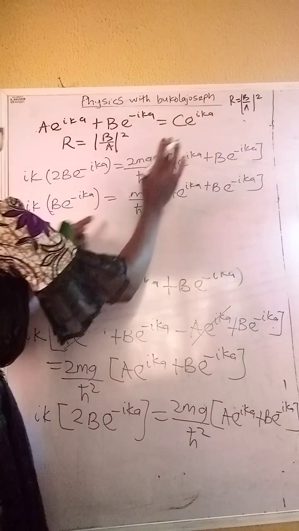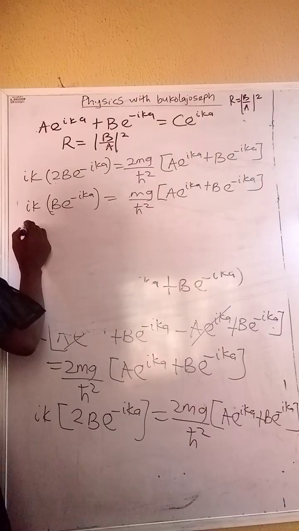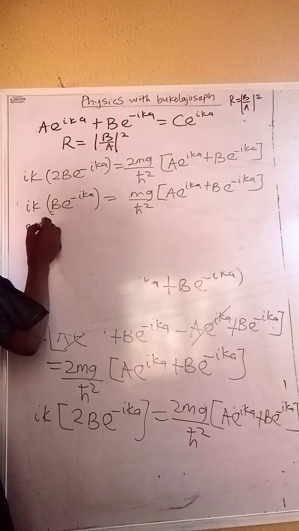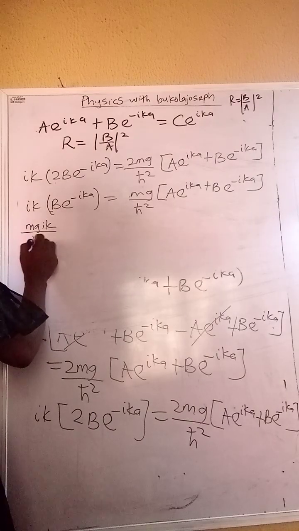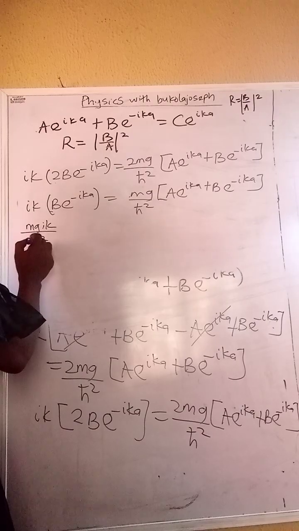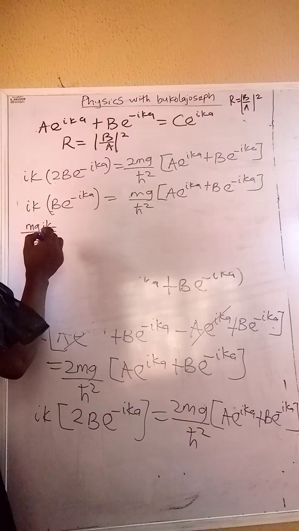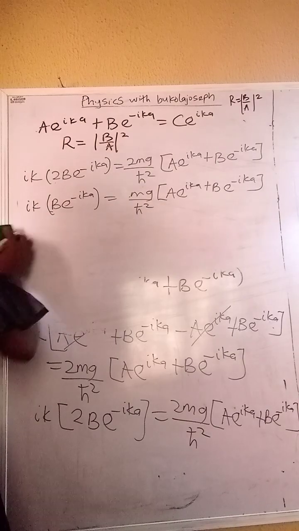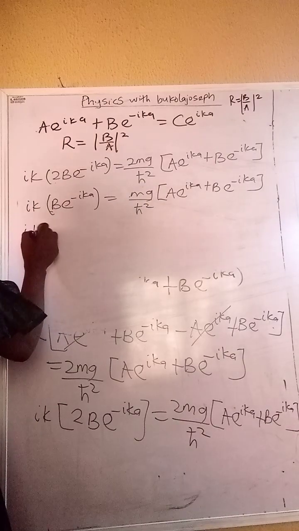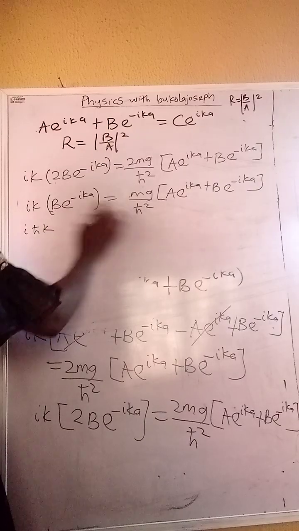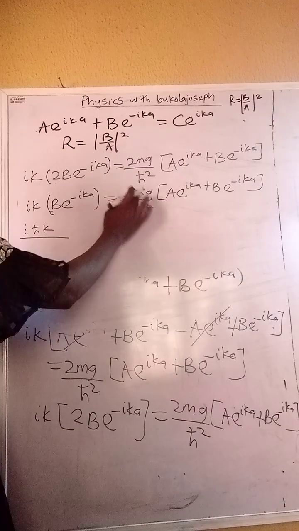It means this will be eliminated on this side, and we'll have i h cross squared k over mg. That means this will come here, and this will come down.